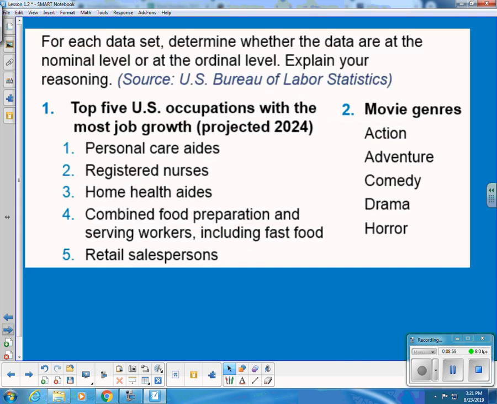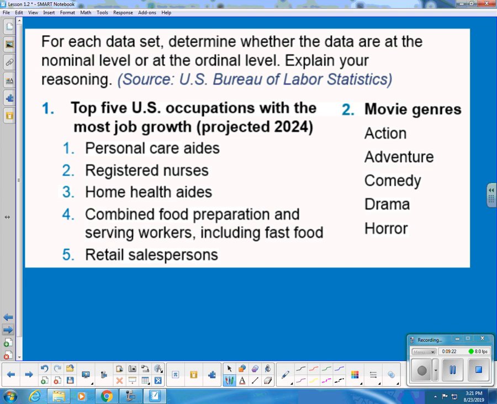So let's look at these 2 examples. Top 5 U.S. occupations with the most job growth. Well, you can see in this first example, they rated them. The top job for job growth is personal care aides. The second top job is registered nurses, and so on. Movie genres, action, adventure, comedy, horror, those are just categories.